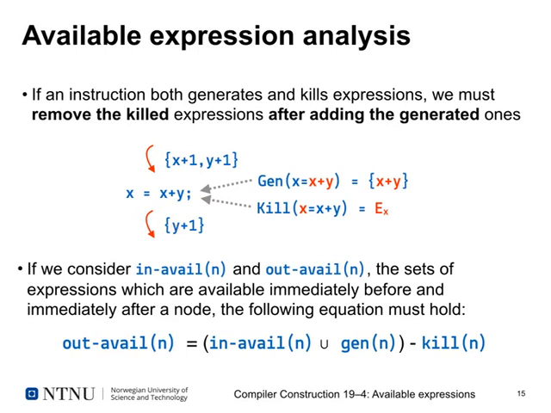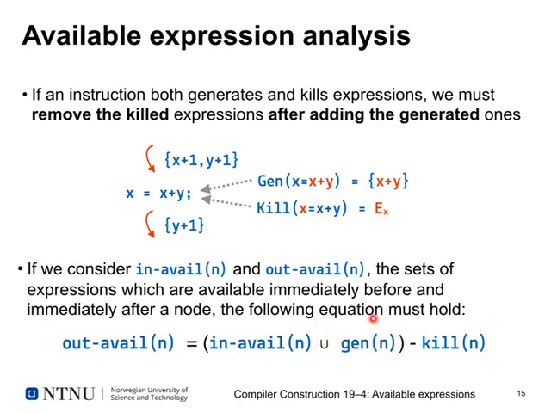So if we consider the in and out available expressions for an instruction n, the sets of expressions which are available immediately before and after a node, we can write it in a shorthand notation using the following equation. The available expressions at the end of an instruction, the out available expressions, are the in available expressions.